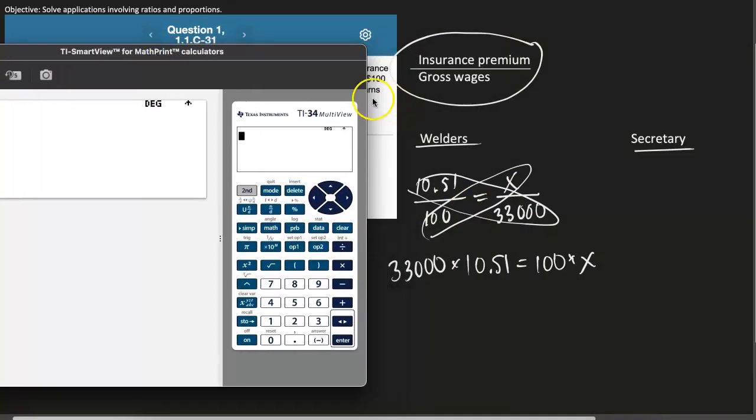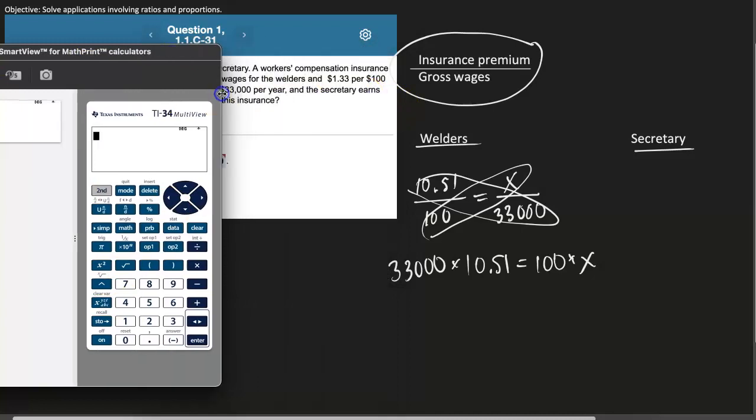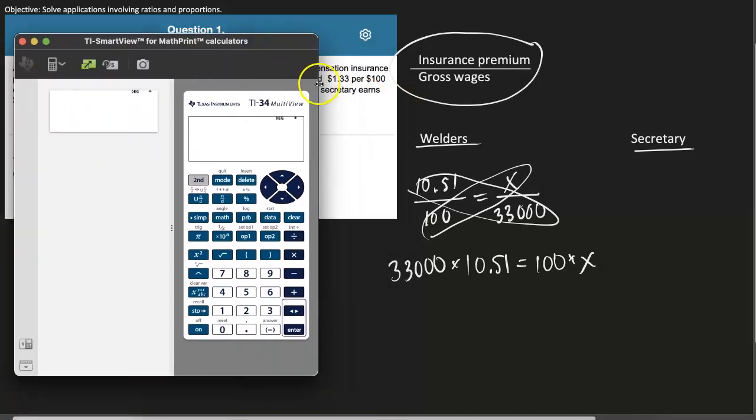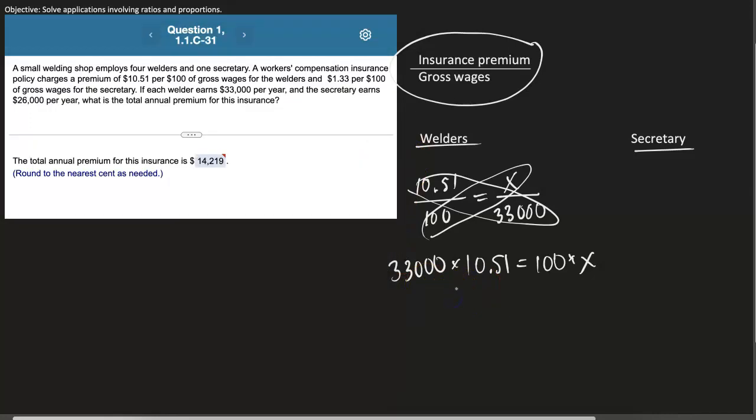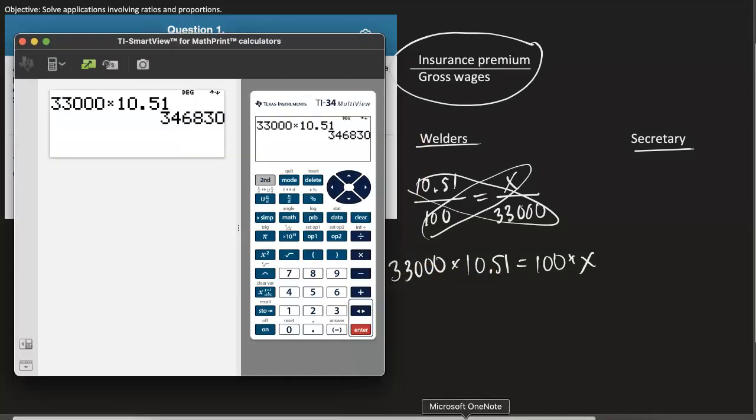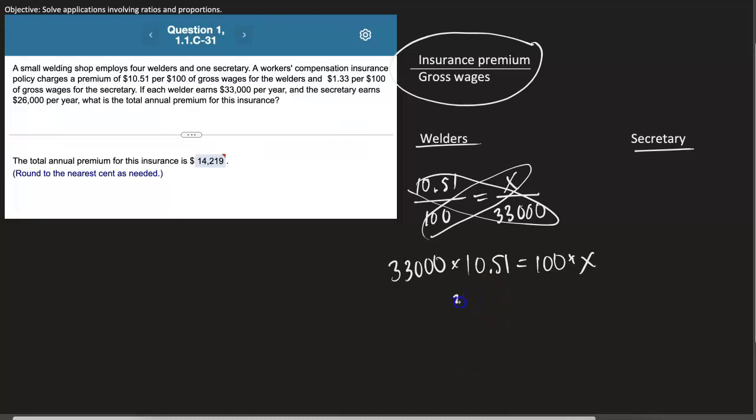So that is $33,000 times 10.51. Okay, so we get this number. I'm going to choose to write the dot symbol for multiplication right there just so it doesn't get confusing.